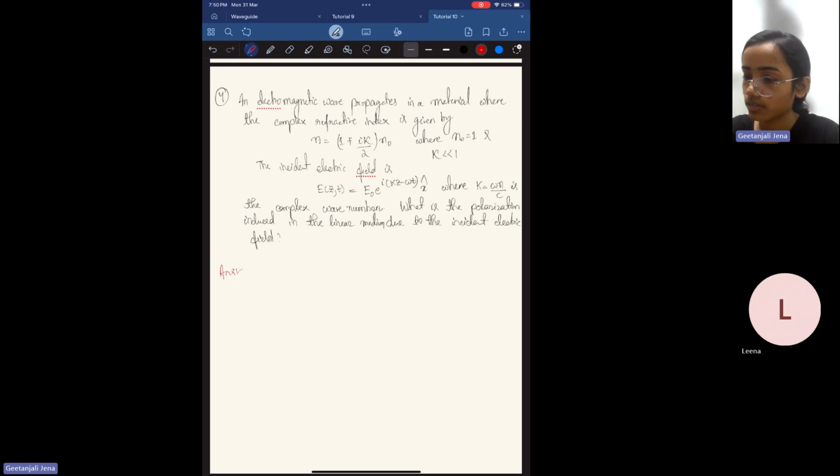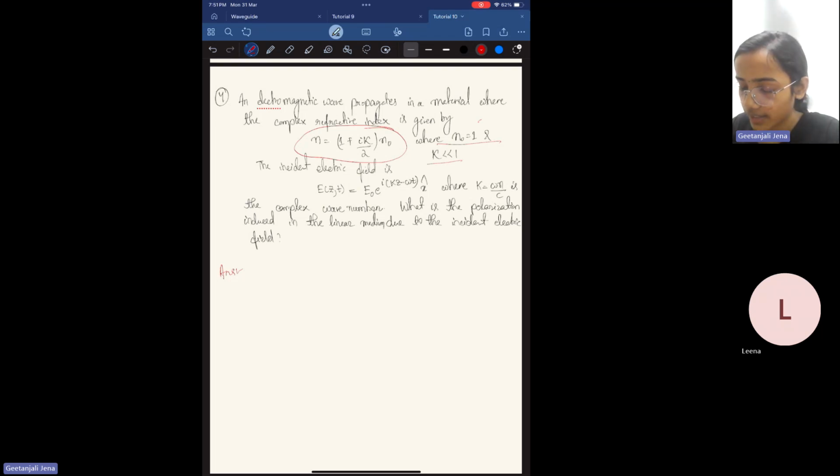Okay, so let us see. We have in the question an electromagnetic wave propagating in a material where the complex refractive index is given by this expression: n is 1 plus ik by 2, and n0. It is also given that kappa, or k, is much less than 1, and the n0 value we can take as 1.